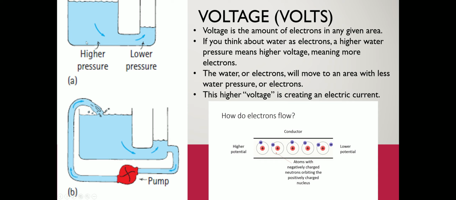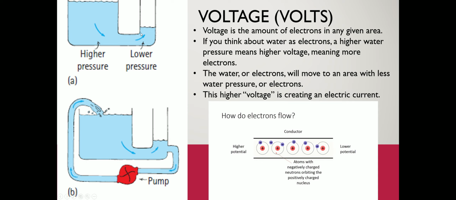So a higher voltage generates an electric current. That electric current moves to the lower pressure side. Okay, so again, there's a higher voltage here, forces the electrons to go to the lower voltage side, generating an electric current.